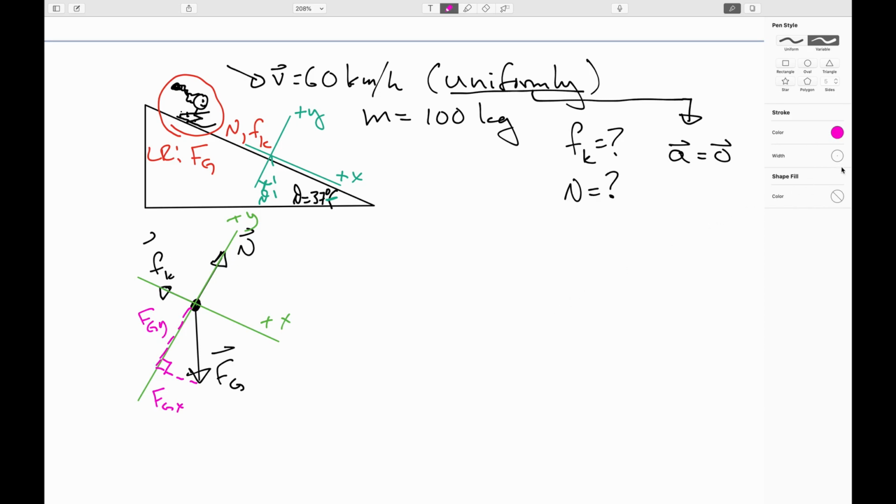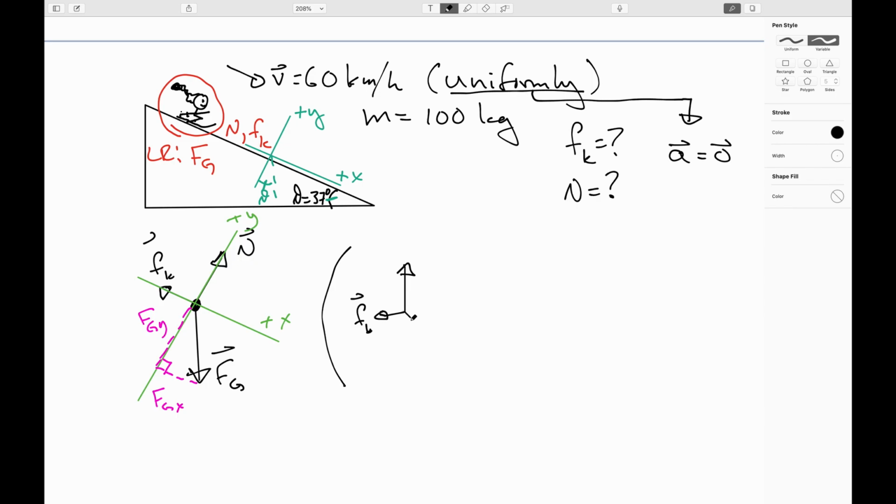If it helps you, a trick that you can do for a problem like this, and I'm just going to put this as a parenthetical, when it comes to taking the components, you can re-rotate the whole system. You can take the whole picture and rotate it. This is much easier to do when it's not on a computer monitor.